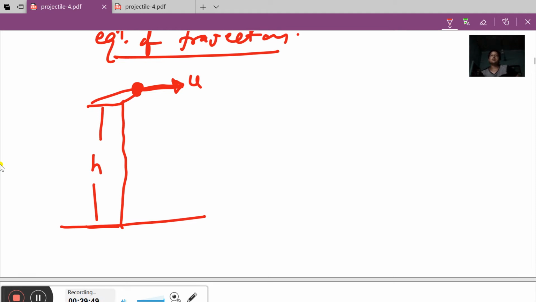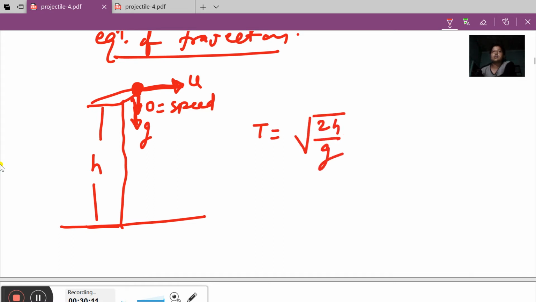As there is no vertical component of initial speed, speed in this direction is 0. Only acceleration g is acting. So time of flight is under root 2h over g. In this time body will fall.